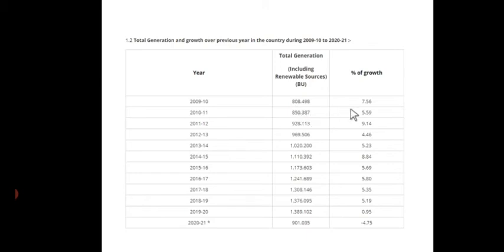It has been increasing with growth of 5, 9, 4, 5, 8, 5, 5%, an average of 5 to 6% during the last decade. On the contrary, in 2020-21 the growth is quite a decline. Due to the pandemic situation of COVID-19 last year, there is not a little bit, there is a major decline in the percentage of growth. I hope it will be covered soon.